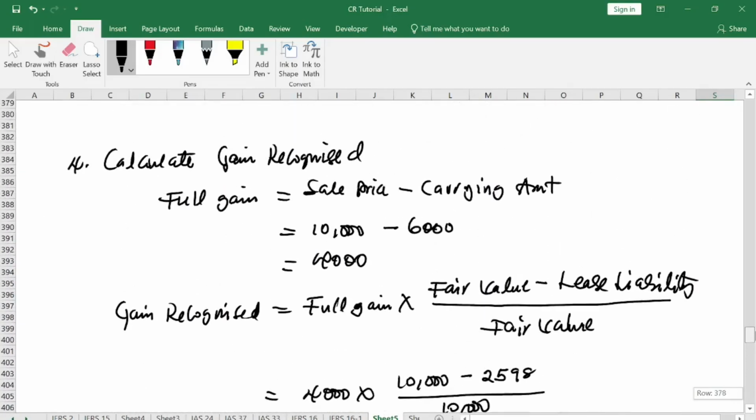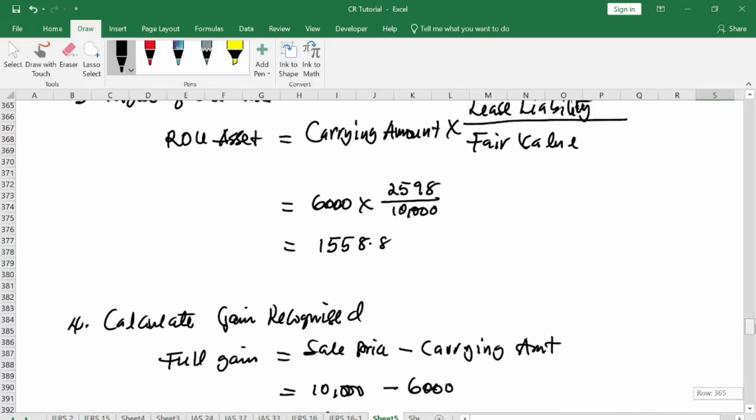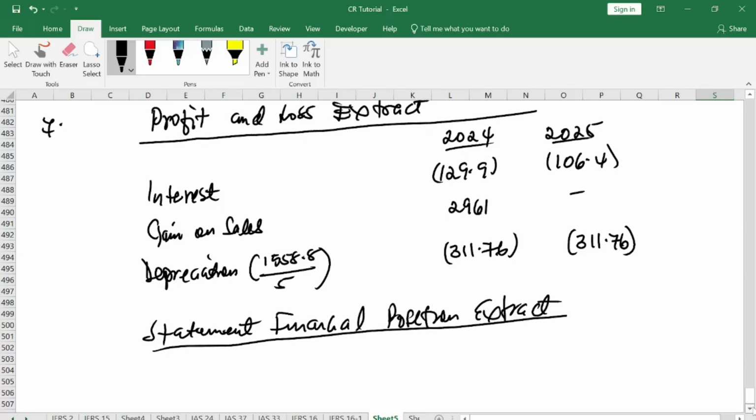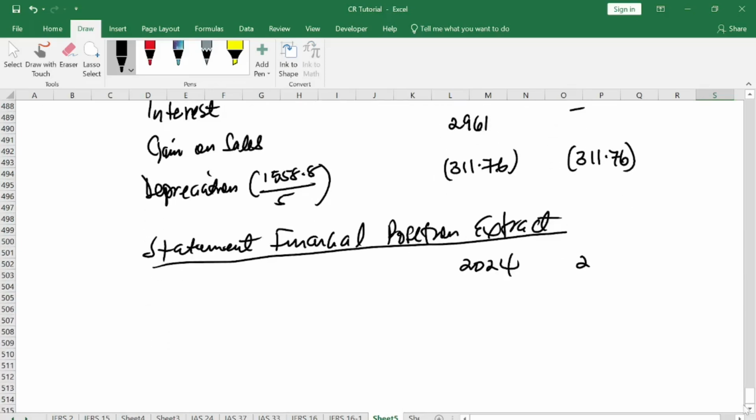What is the right of use asset? It is 1558.8, divided by 5 years. The 5 years is the term of the lease agreement of the asset. So every year, depreciation is 311.76. Now for your statement of financial position, you have 2024 and 2025.